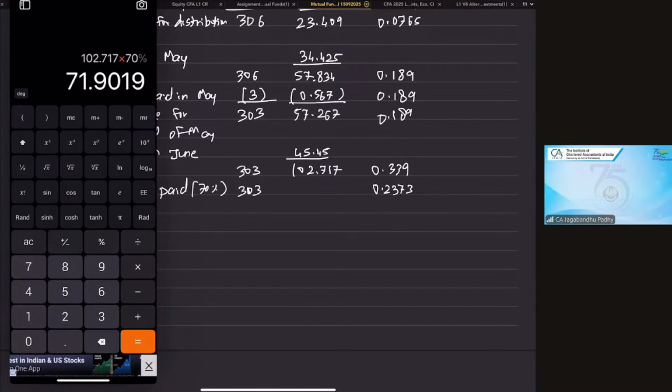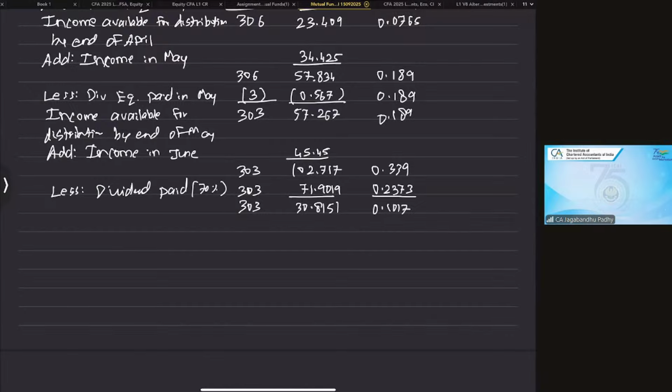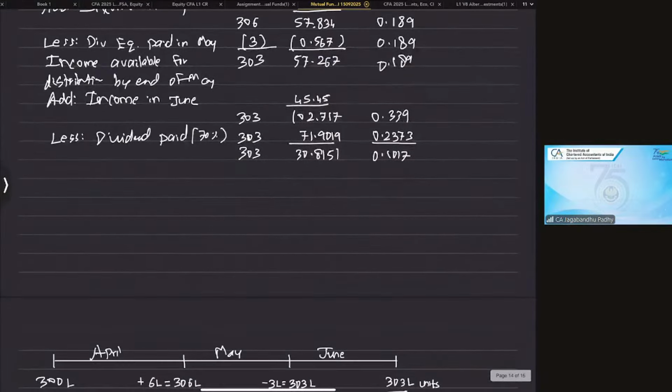Then we need to look at what is the cash balance, right? So we need to look at what is the cash balance that we have at the end of June. So we'll say calculation of cash balance at end of June.